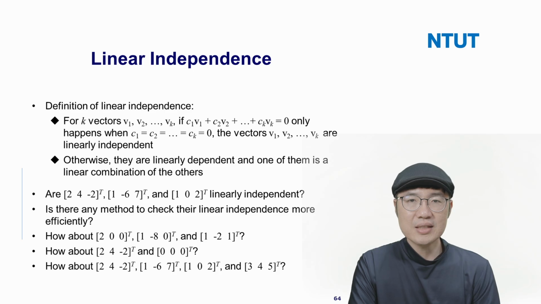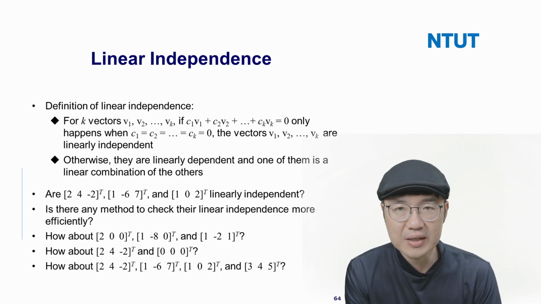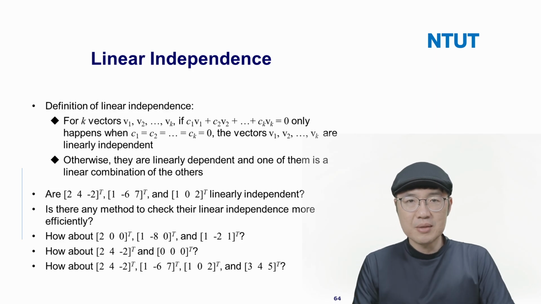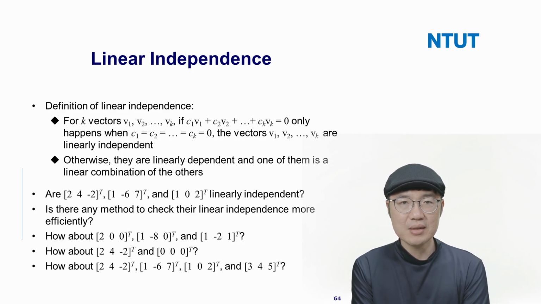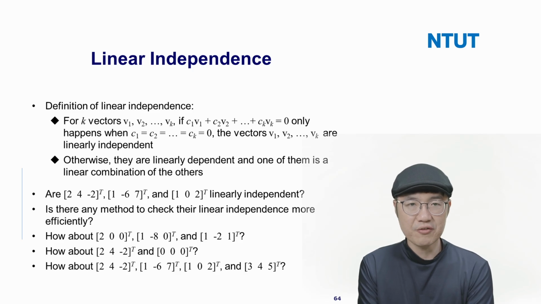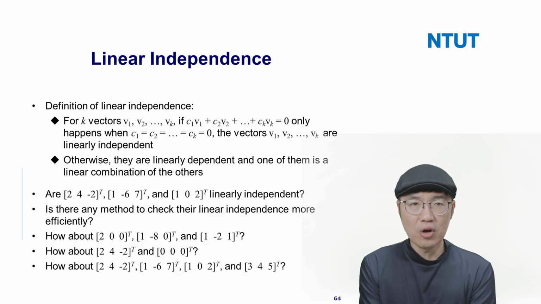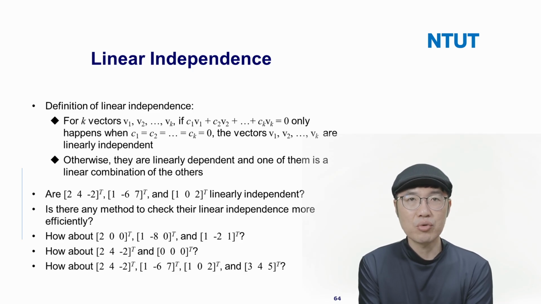So the slides once again show us the definition of linear independence. If these vectors are independent, then c1v1 plus c2v2 up to ckvk equals zero only comes from zero for those coefficients, right? We already know this.